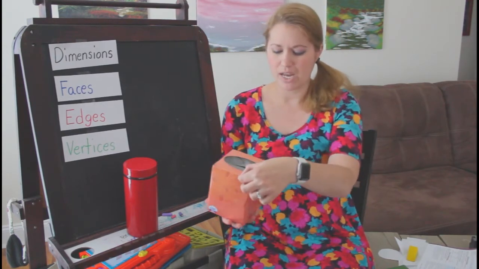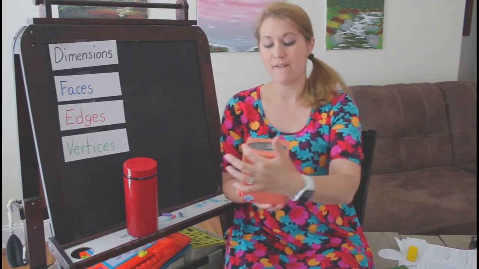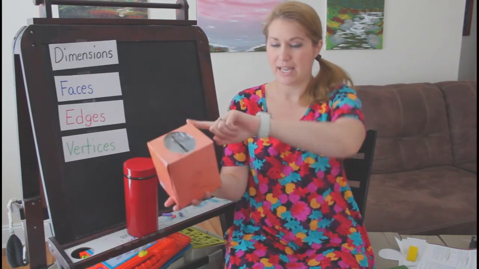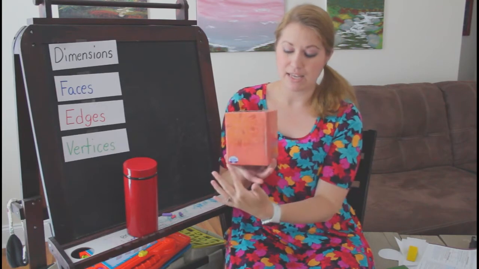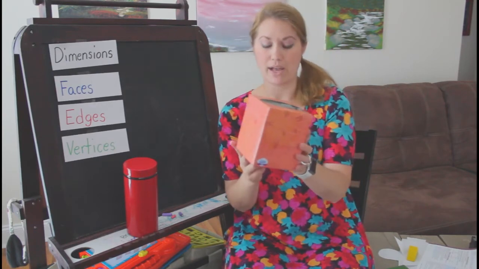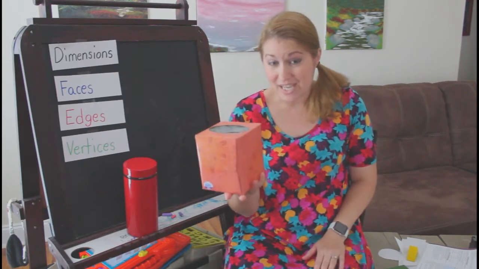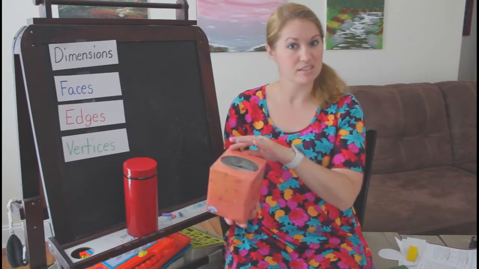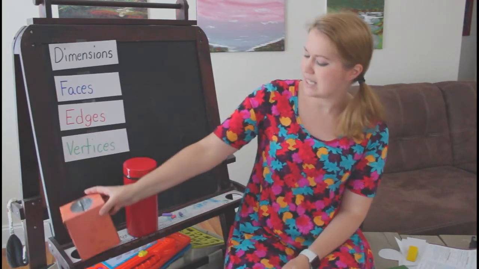We've got 1, 2, 3, 4, 5, 6, 7, 8, 9, 10, 11, 12. Okay, there's a lot more edges than there are faces, and then there are vertices. There's a lot more edges than that. That one we're going to set aside for a minute.